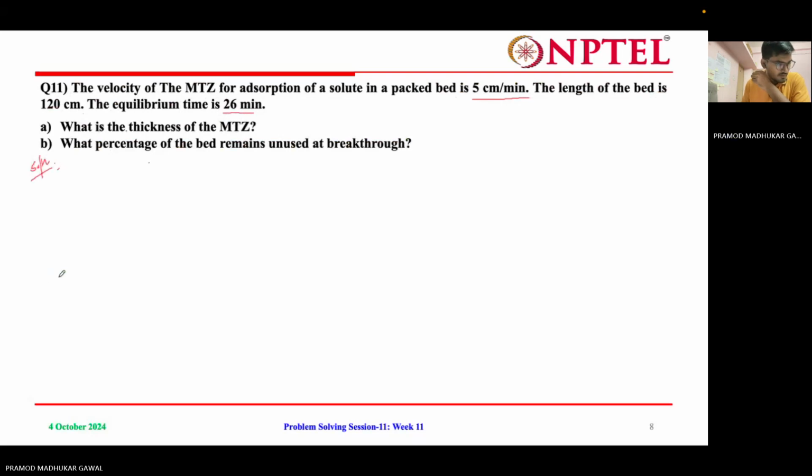To calculate the thickness of the mass transfer zone, the formula is MTZ thickness equal to velocity into equilibrium time.